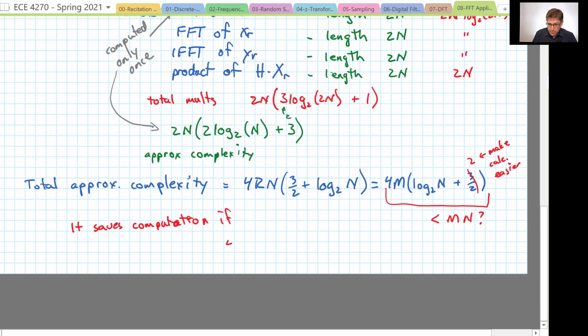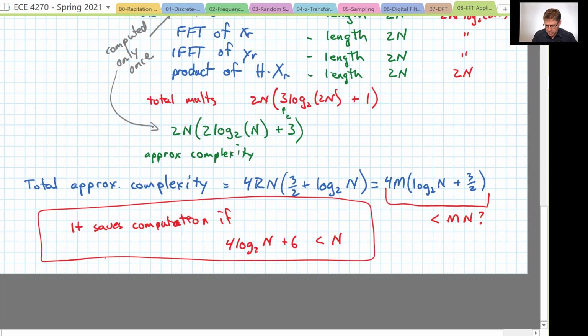If 4 times log 2 of n plus 6 is less than n.